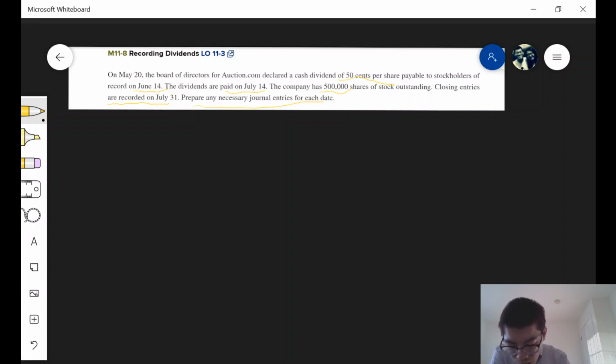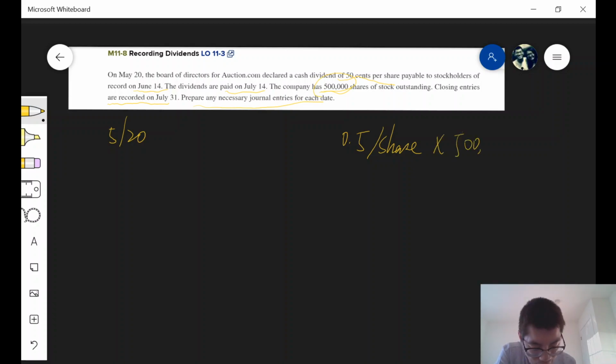On May 20th, the board of directors declared a cash dividend of 50 cents per share, and we have 500,000 shares outstanding. So we do the calculation.